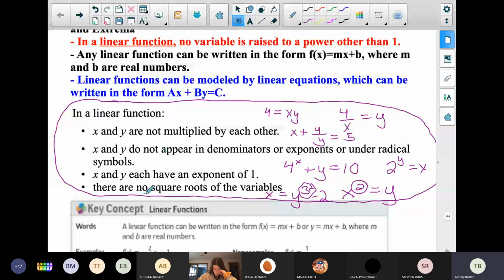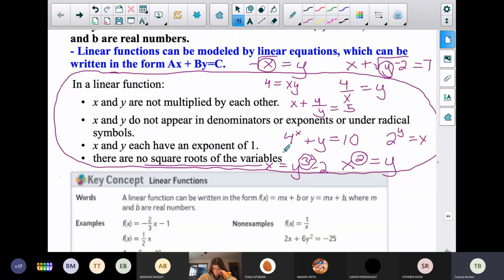And then the last thing, you cannot have a variable under a square root. So you couldn't have the square root of x equals y, or x plus the square root of y minus 2 equals 7.